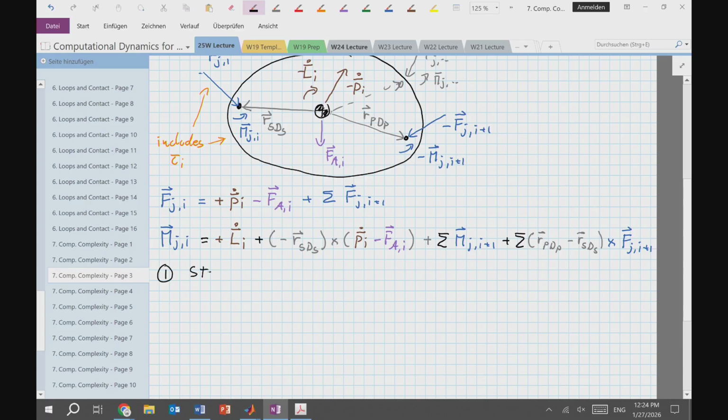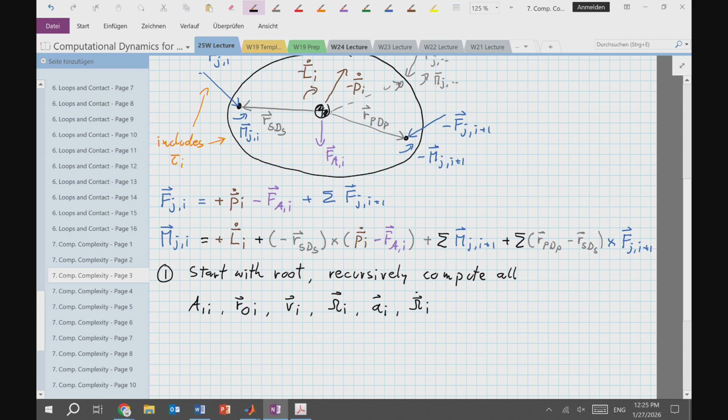The first is that we start with root and recursively compute all body orientations, so the inertial reference frame to body I reference frame, all positions, so vector ROI, center of mass velocities, angular velocities, center of mass accelerations, angular accelerations.